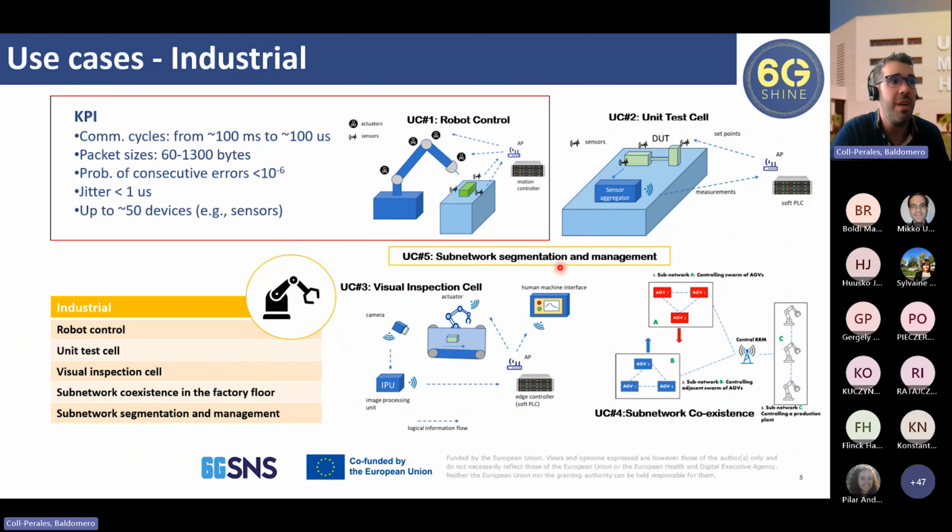In this category, the subnetworks are made by sensors and actuators that can be found on a single robot, in a unit test cell, and also in swarms of robots that need to coexist. And these use cases are characterized also by the stringent requirements of industrial scenarios in terms of communication cycles, packet size, reliability, jitter, as well as the density I mentioned before.